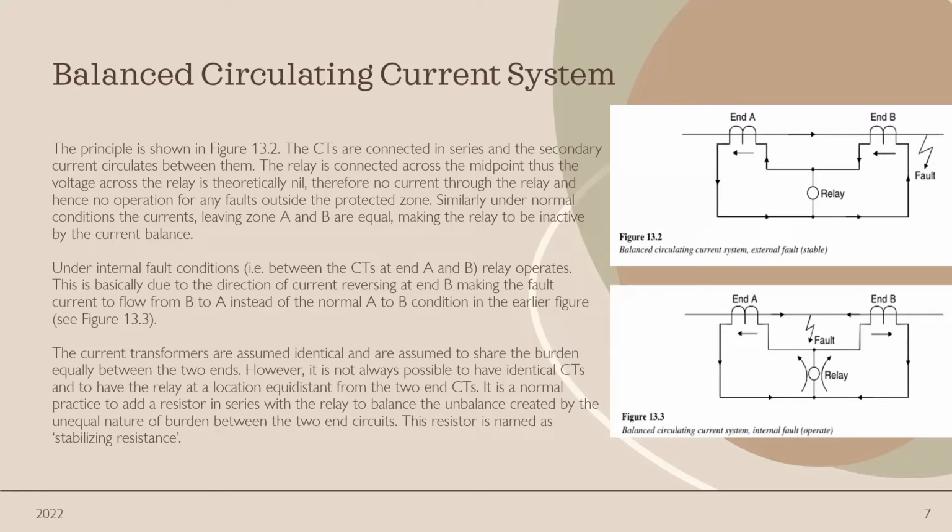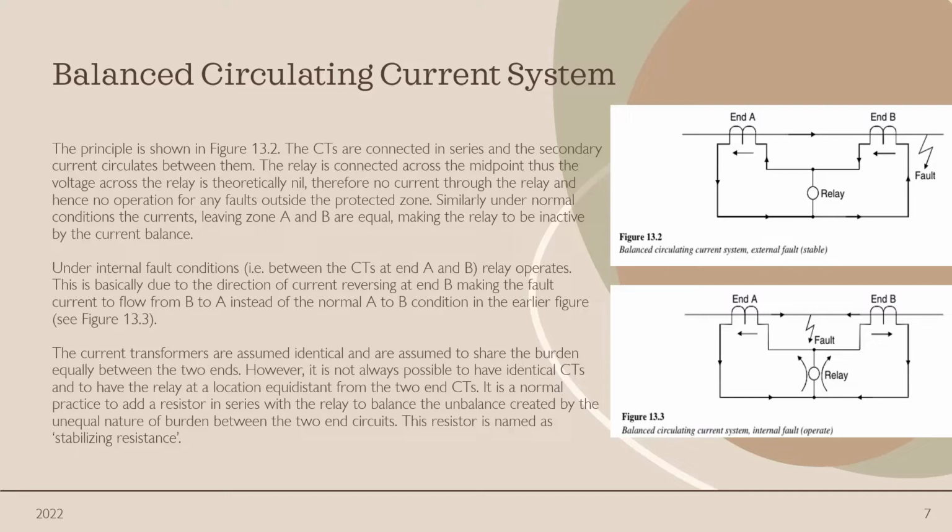The CTs are connected in series and the secondary current circulates between them. The relay is connected across the midpoint, thus the voltage across the relay is theoretically nil. Therefore, there is no current through the relay and hence no operation for any faults outside the protected zone.